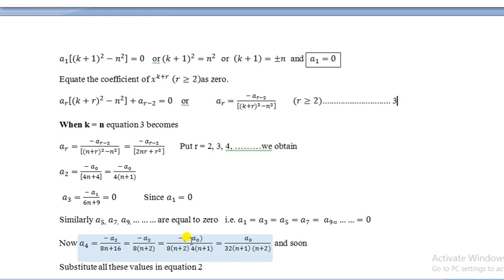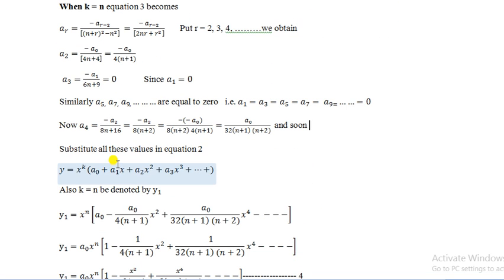So minus of minus a naught divided by 8 into (n plus 2) into 4 into (n plus 1). After simplifying this, we get a naught divided by 32 into (n plus 2) into (n plus 1), and so on. Similarly, we calculate a6, a8, a10, etc.